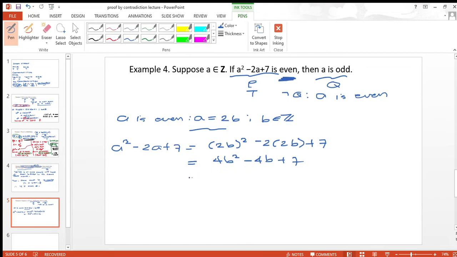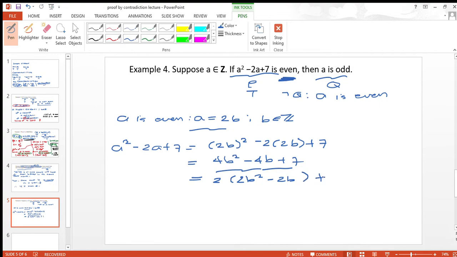So we want to show that this is even. For the first two terms, we can factor out 2. So this now gives us 2 times 2B squared minus 2B, for the first two terms only, so it is easier to see.